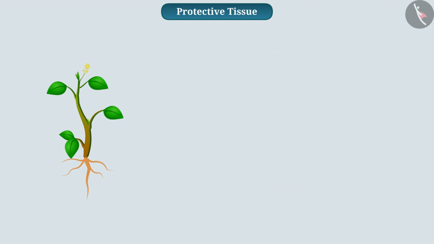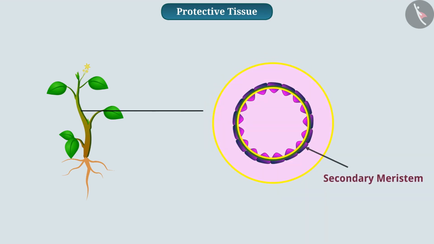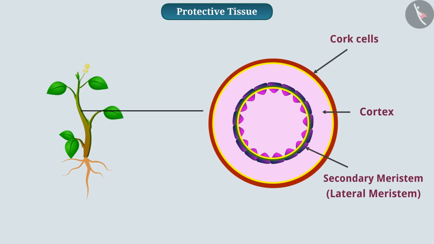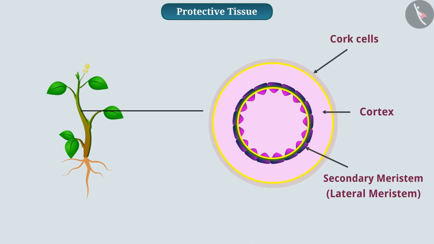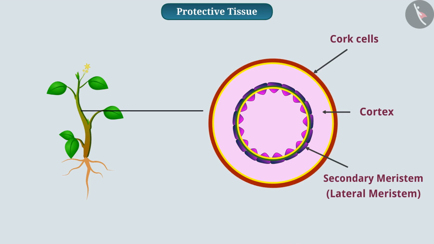For example, a layer of secondary meristem, that is, lateral meristem, is present in the cortex of the stem, which forms the layer of cork cells. These cells are dead and do not have intercellular space between them, and their cell wall contains a chemical substance, suberin, that makes plants air and water resistant.